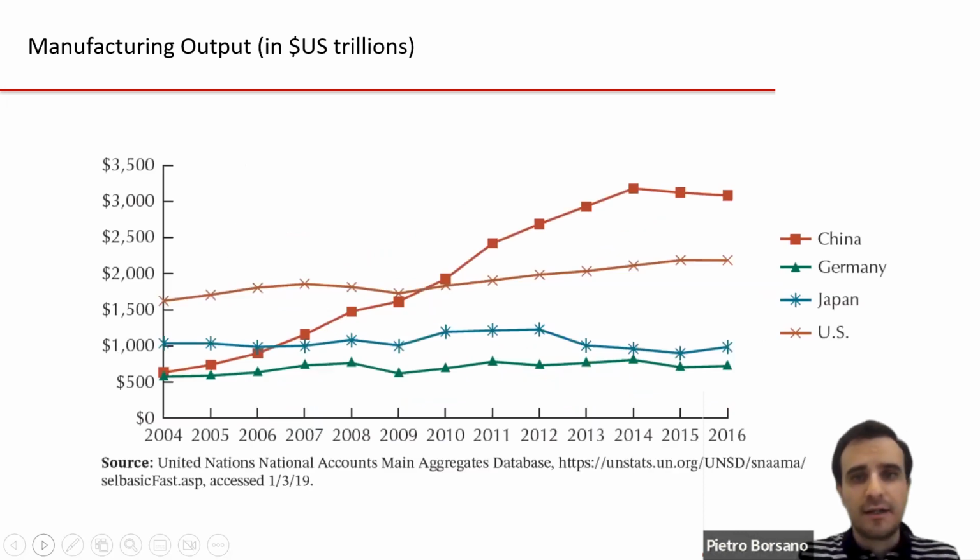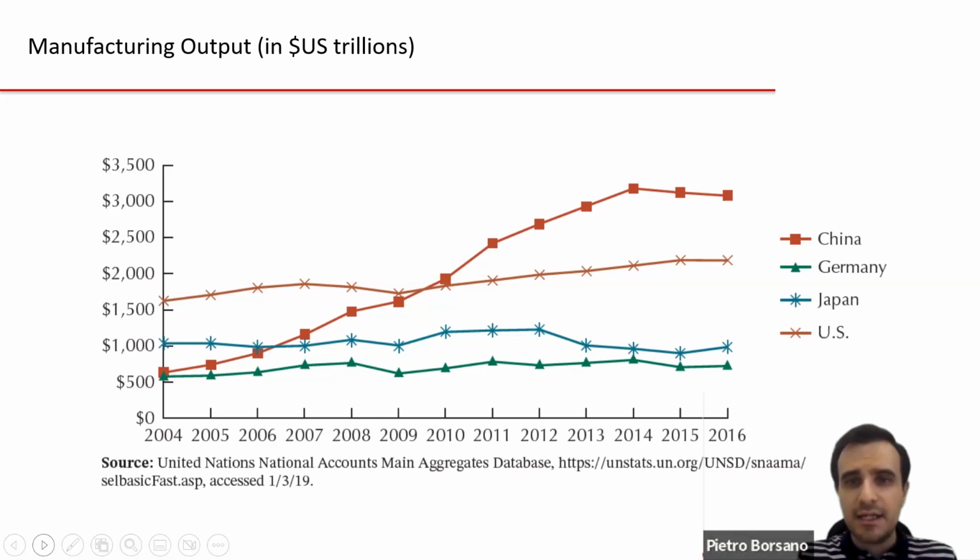And then the final chart for today's video. This is about the overall manufacturing output. As we can see, between 2009 and 2010, China surpassed the US as the biggest manufacturing country.